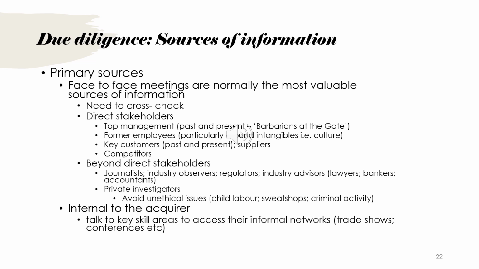Key customers, today's and ones in the past, as well as suppliers and competitors. Beyond the direct stakeholders, there are journalists who might cover the sector, industry observers, regulators and industry advisors who also know a great deal. And as I said once before, if you're worried about anything, you might consider private investigators as well.